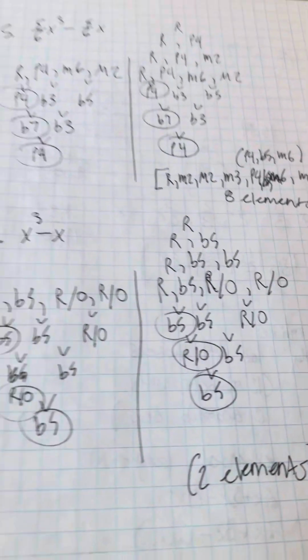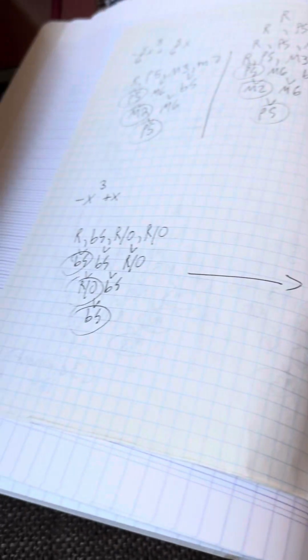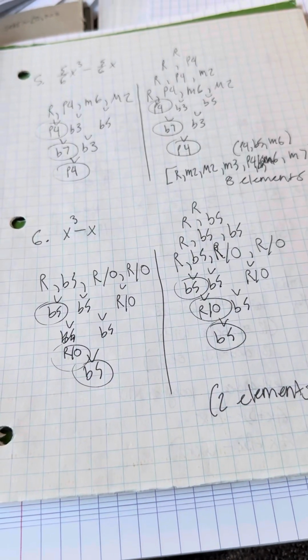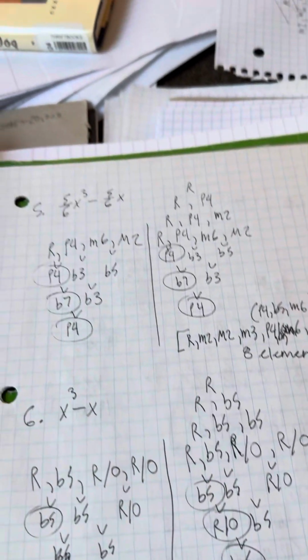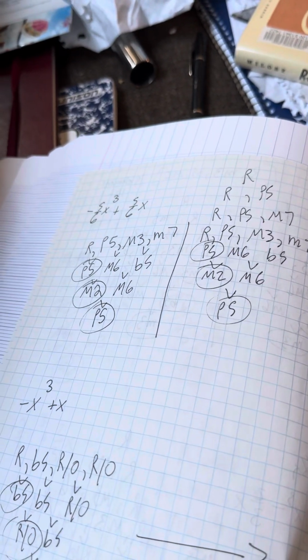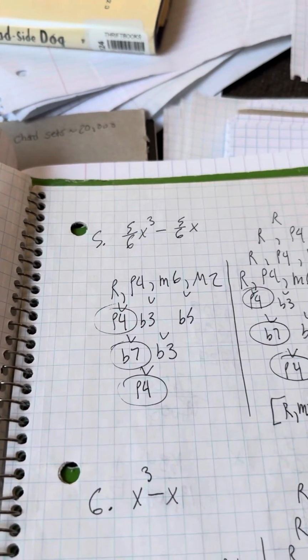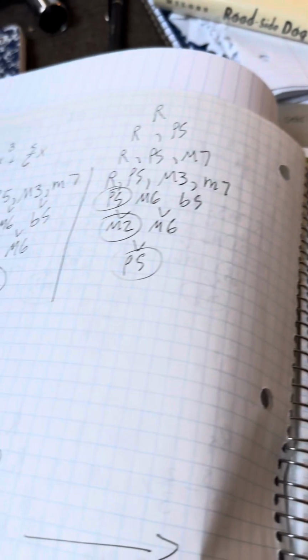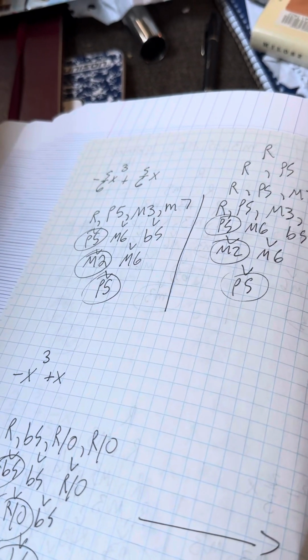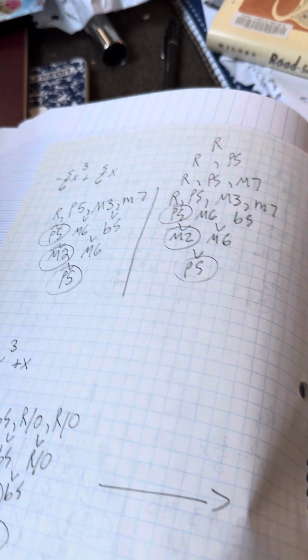And the reason you get 5 is because when you invert tritones, you just get the exact same sequence. So when we invert perfect fourths, we get negative 5/6 plus 5/6 compared to 5/6 minus 5/6. And instead of perfect fourths, we're going to get perfect fifths.